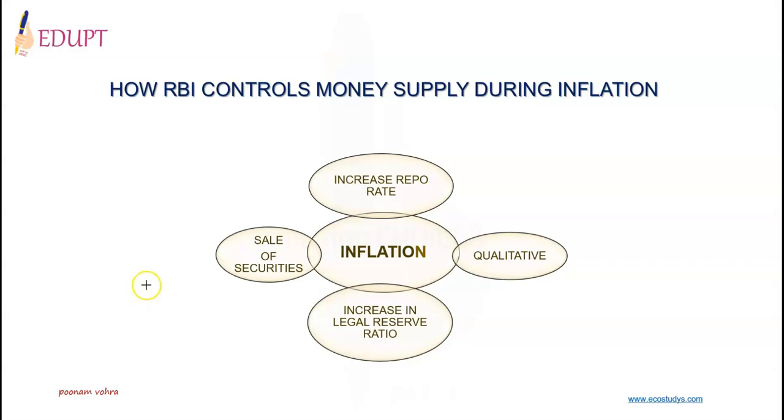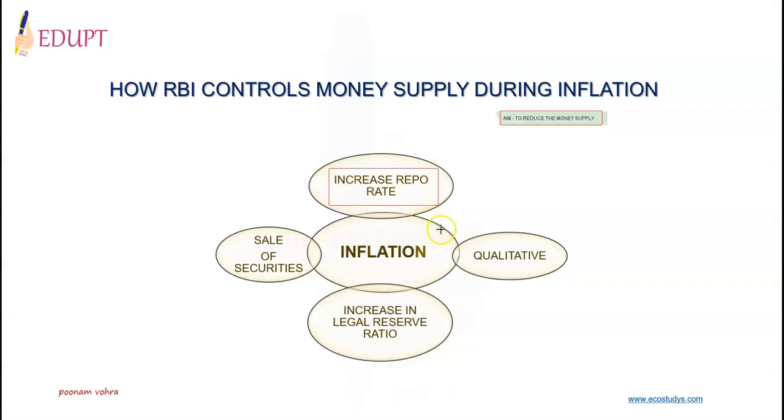RBI controls money supply during economic fluctuations. If there is inflation in the economy, the purpose is to reduce the money supply, and for that, RBI will adopt quantitative as well as qualitative instruments. So far as quantitative instruments are concerned, there will be an increase in repo rate.